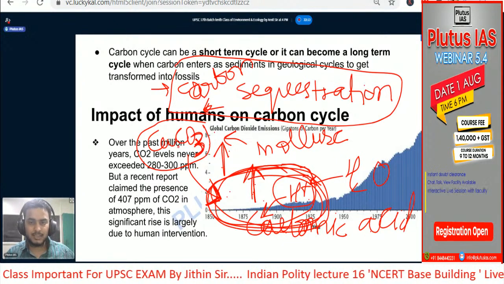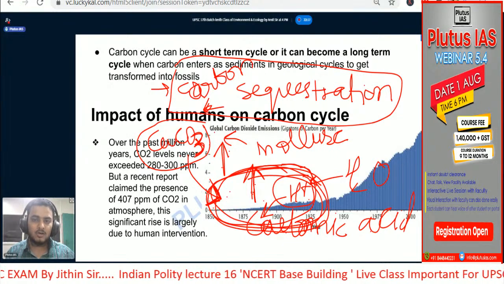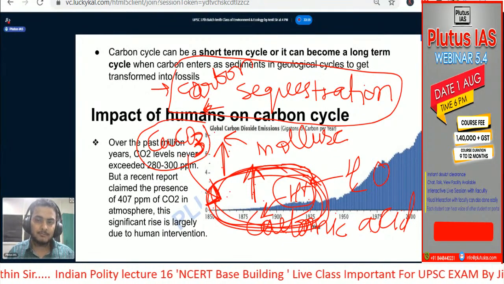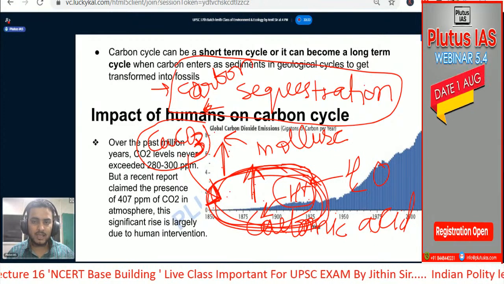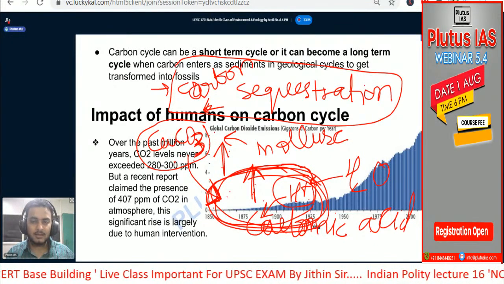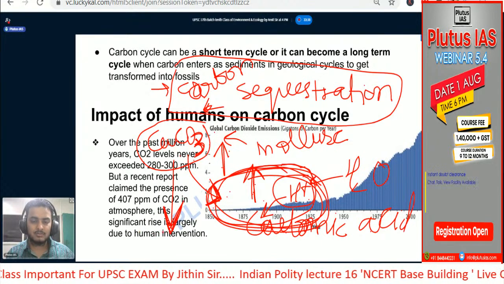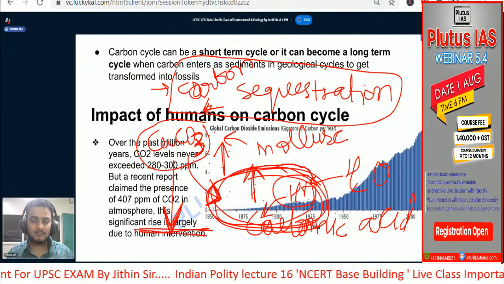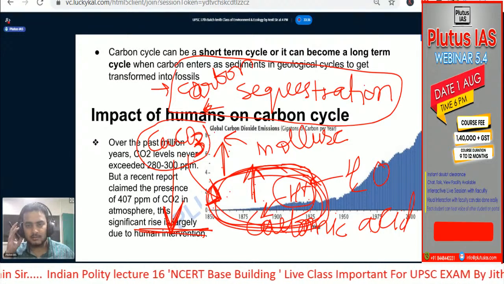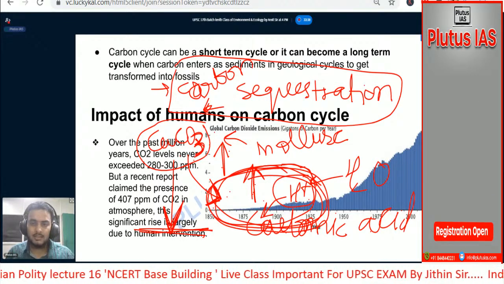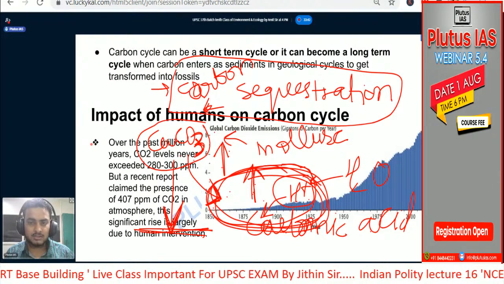This carbonate covering gets dissolved in the presence of carbonic acid or in an acidic environment, which leads to the death of these organisms, increasing the death and decay matter on oceanic beds. This is one of the reasons why corals are dying, because corals are highly sensitive.